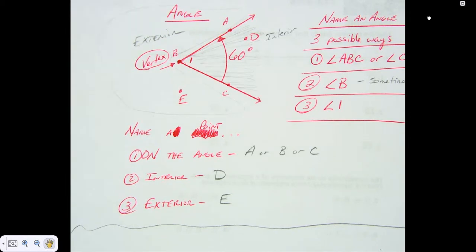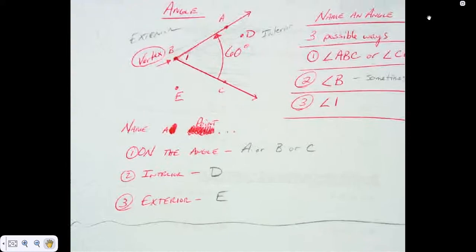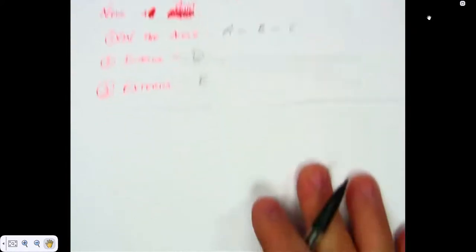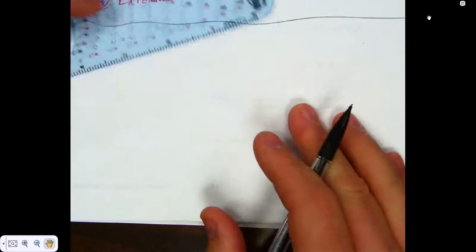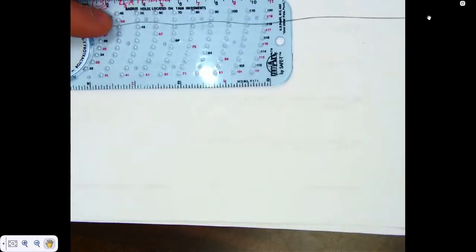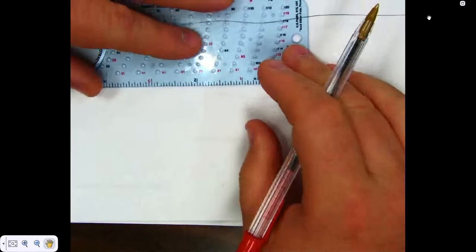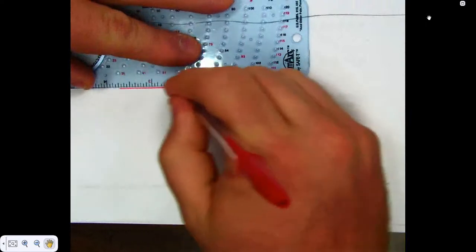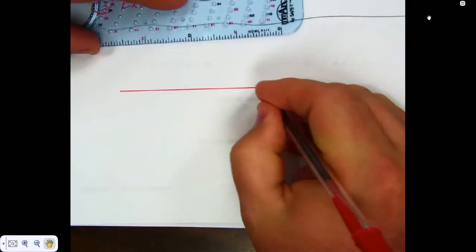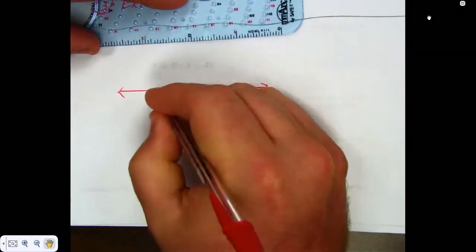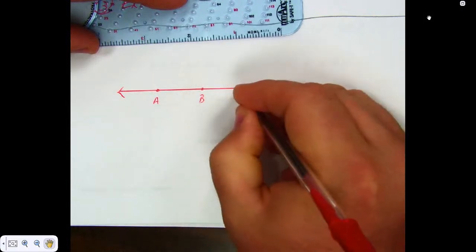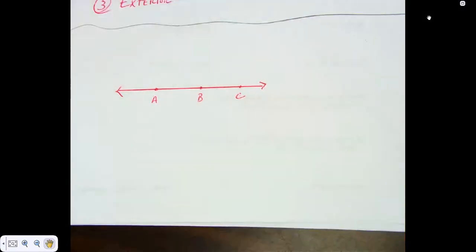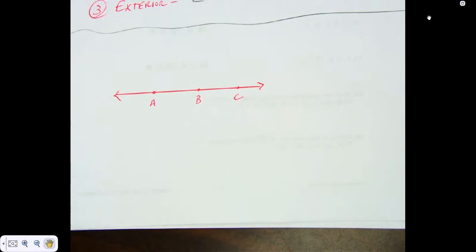And this is another one of those easier lessons where, in essence, we're learning a vocabulary lesson. This, believe it or not, is an angle. It is one of the most important angles you'll deal with all year.